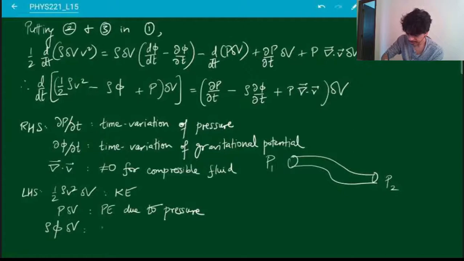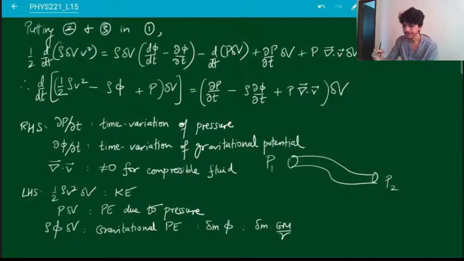And this is just gravitational potential energy, because this is dm times phi. But phi is just G M by r. So this is your gravitational potential energy, G M m by r, well, minus.